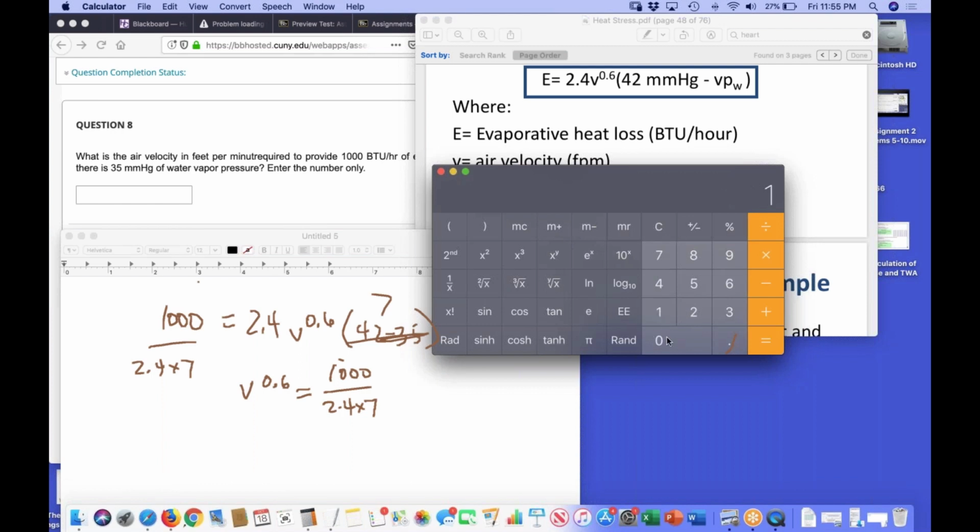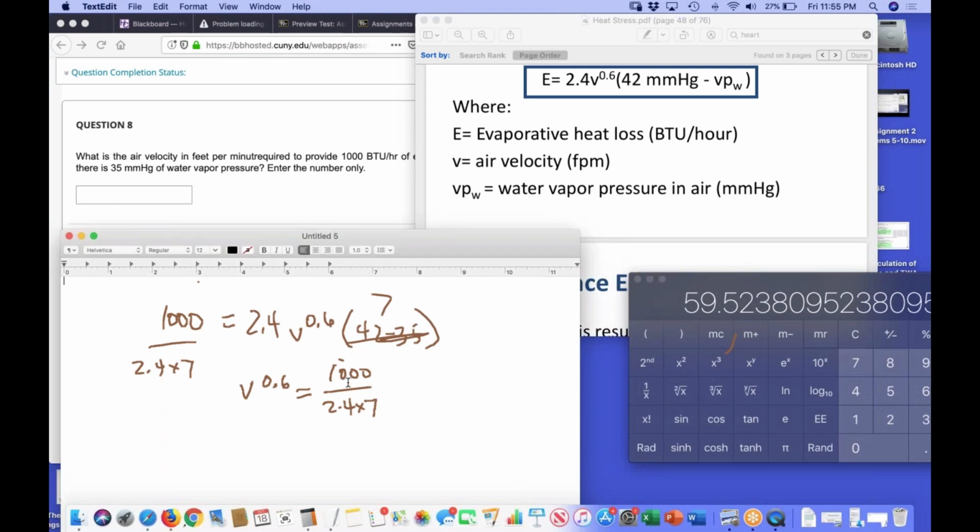And 1,000 divided by the result of that is 59.52. Okay, so now we have to solve for v in order to complete this.